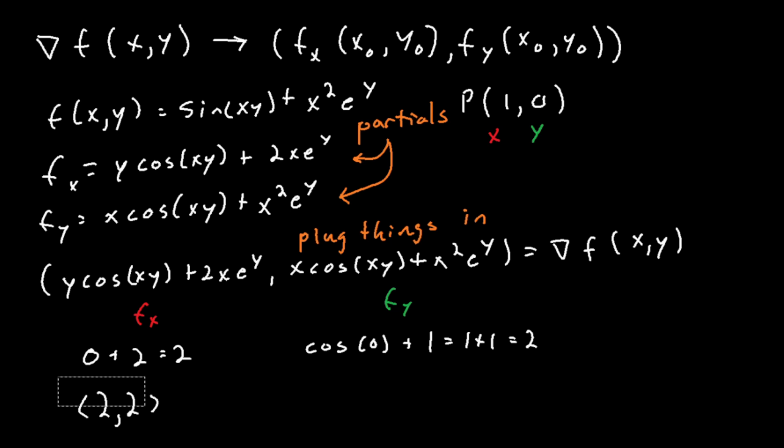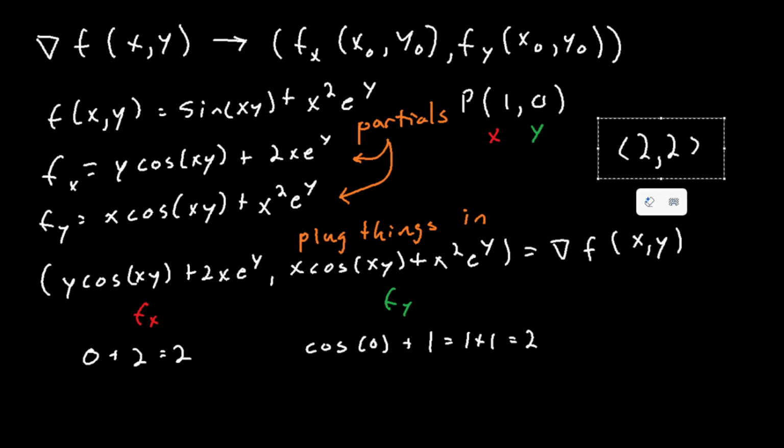And this vector right here finds the direction of greatest ascent for a directional derivative.